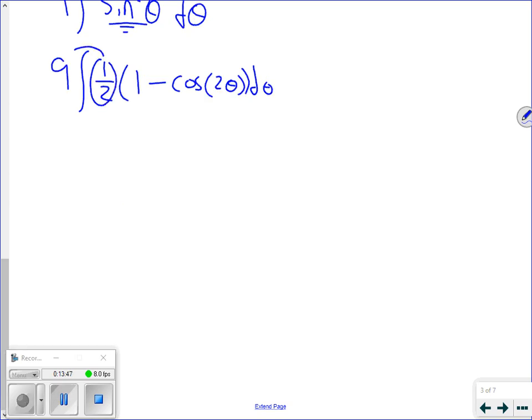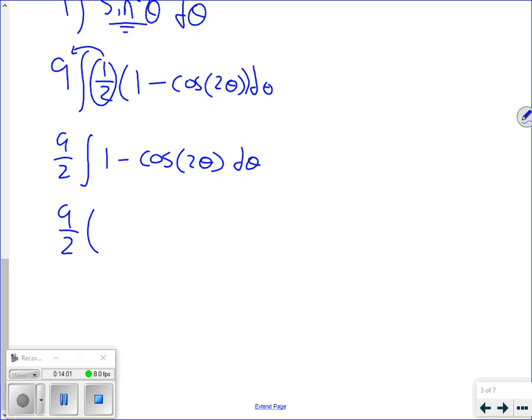So I can bring the 1/2 out. So I got 9/2 integral of 1 minus cosine 2 theta, d theta. And the integral is not terrible. So I got 9/2 on the outside. The integration of 1 is just, well, in this case, theta, because that's our variable. So 1 is theta. And then minus.